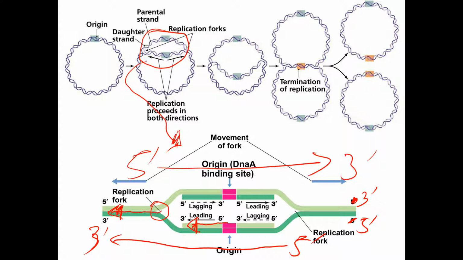Now you have another strand on the other side of the replication fork, this one over here. That is being synthesized in the opposite direction. It should actually be synthesized in this direction, 5' to 3'.